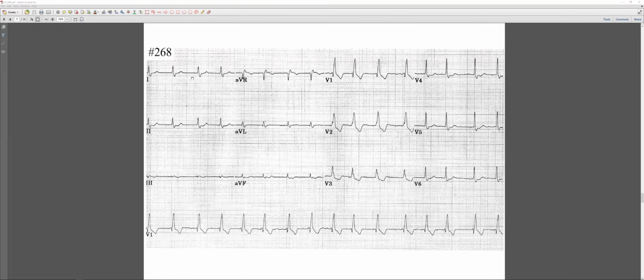About the heart rate, it's arrhythmic, so we take a longer period. It is not tachycardic, so it can be around 80 to 100 beats per minute. The axis: lead one is positive, aVF is positive, so it's a normal axis.